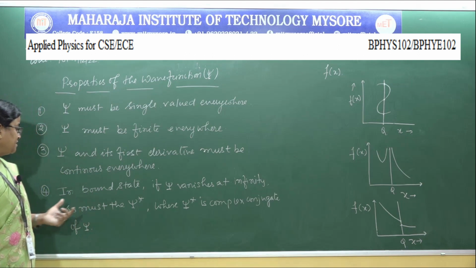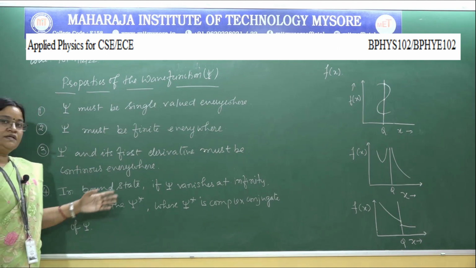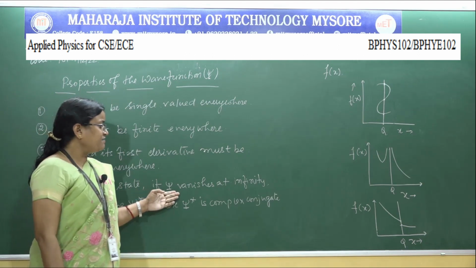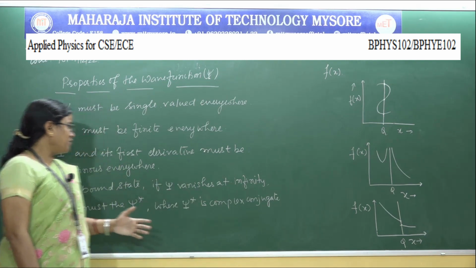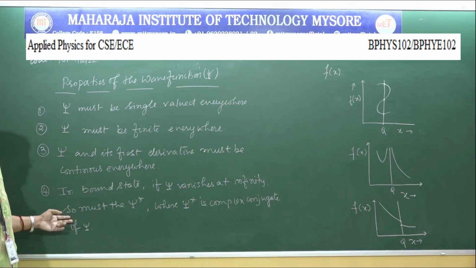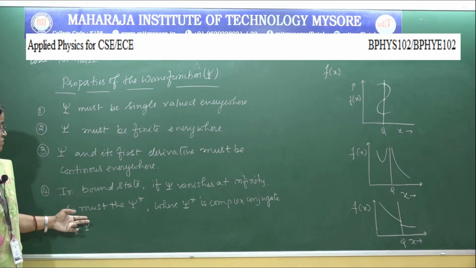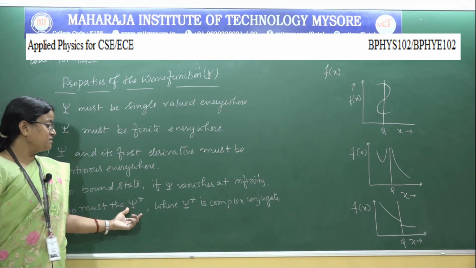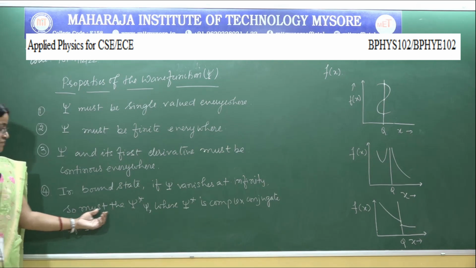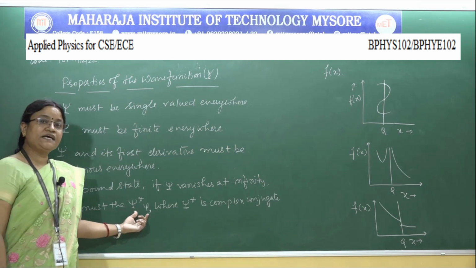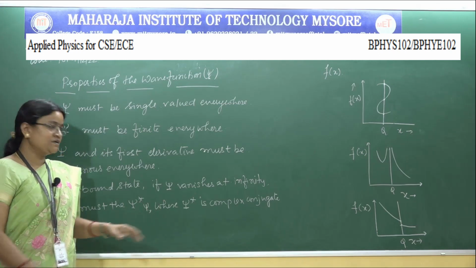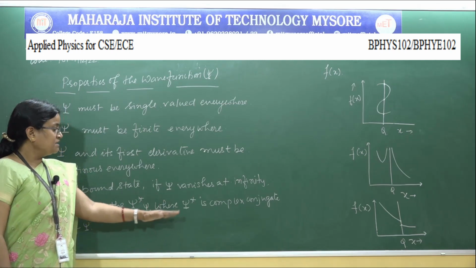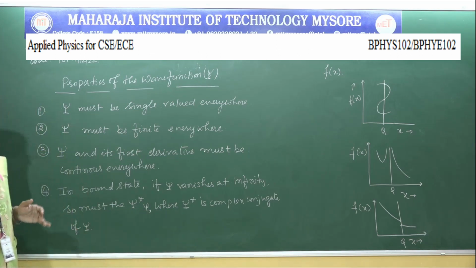And finally, the fourth one: in the bound state, if psi vanishes, means if psi is equal to 0 at infinity, then psi star into psi must also vanish at infinity, where psi star is the complex conjugate of psi.